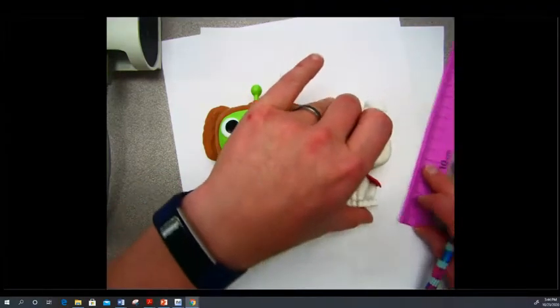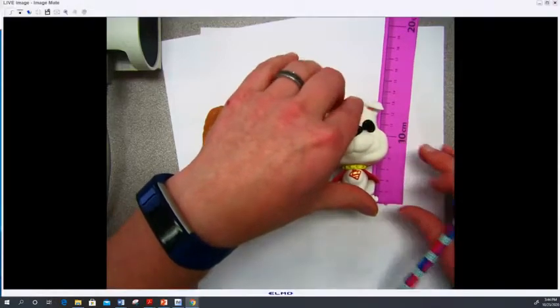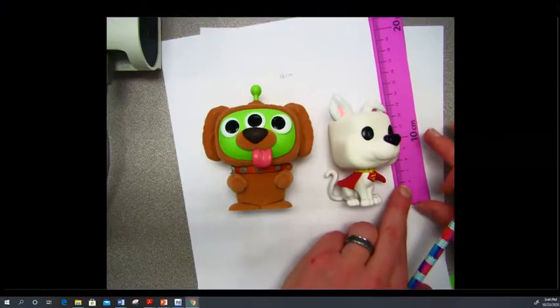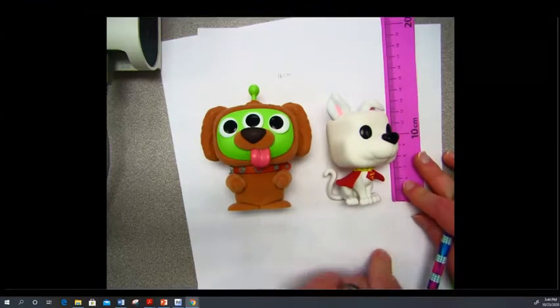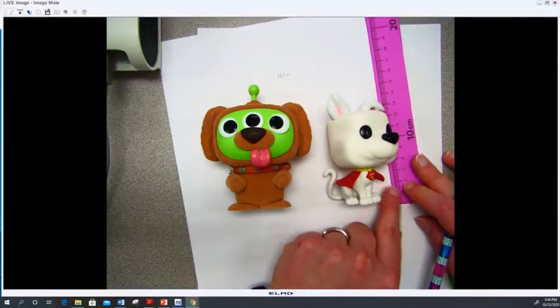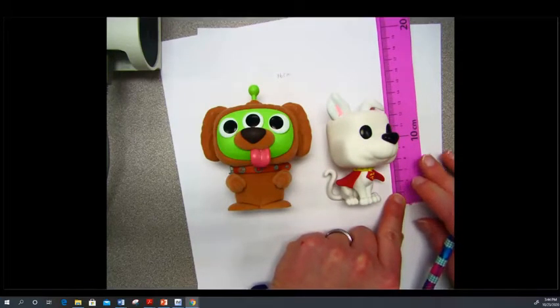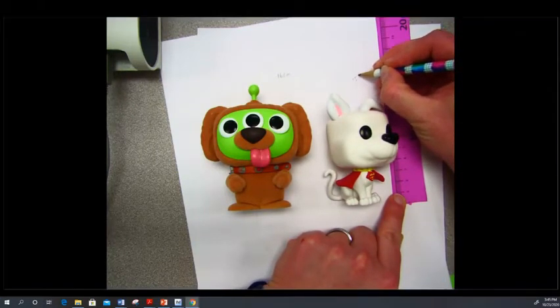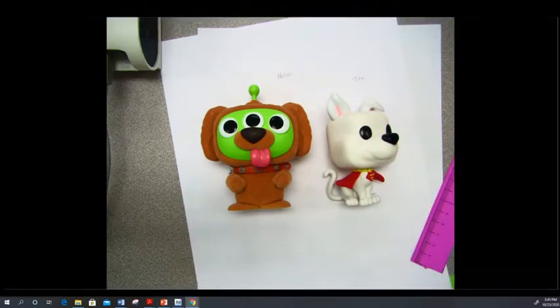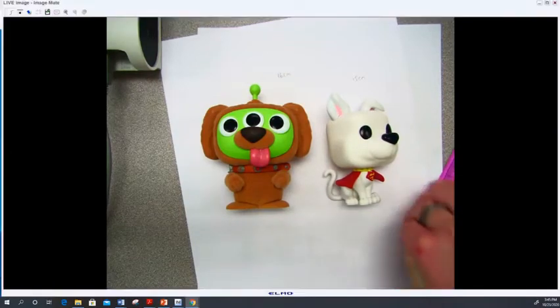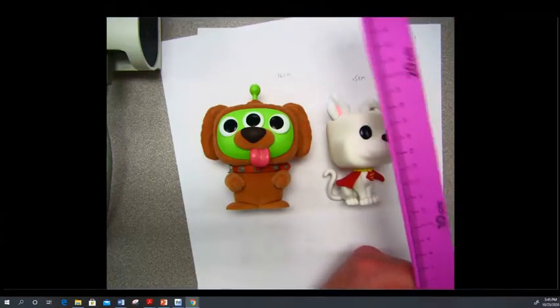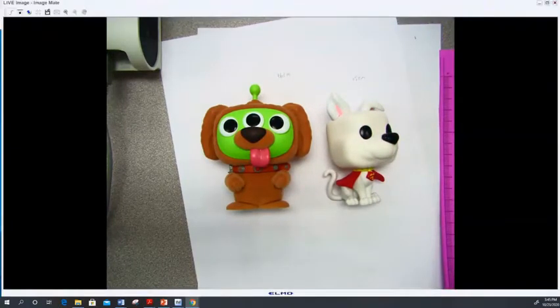And if I do the same thing for Krypto, it looks like the tip of this ear is right about 15 centimeters. Now I said 16 centimeters and 15 centimeters because that was the number on my centimeter ruler. But is that actually how tall these 2 dogs are?